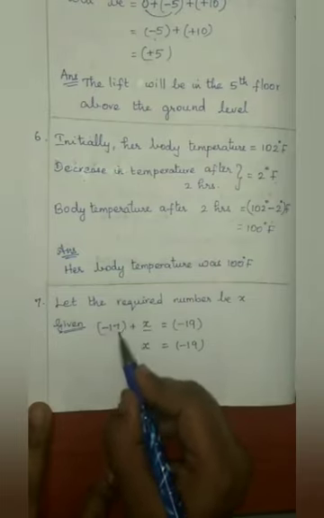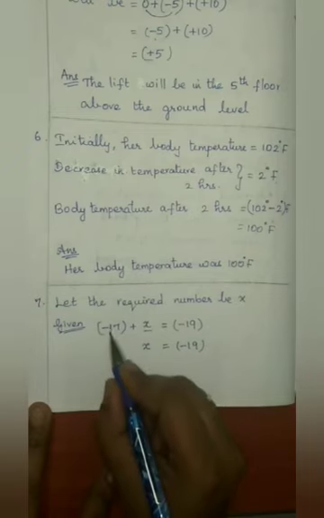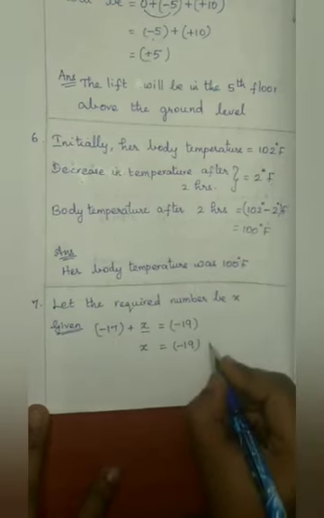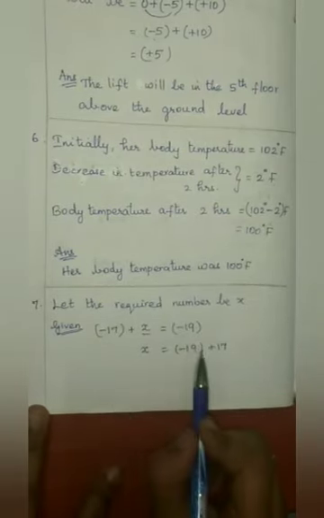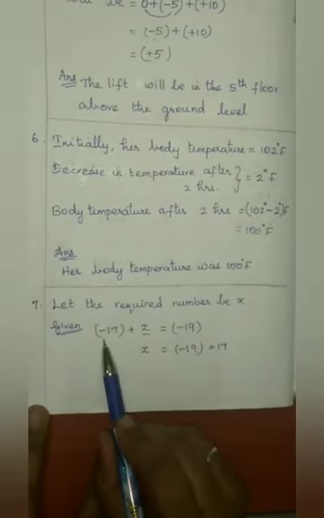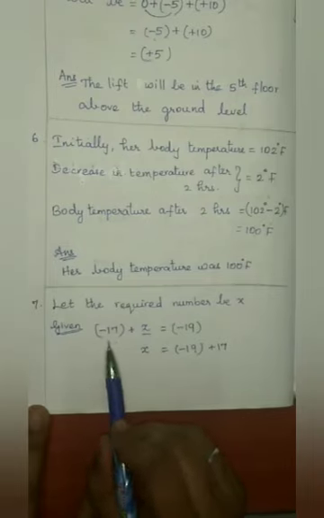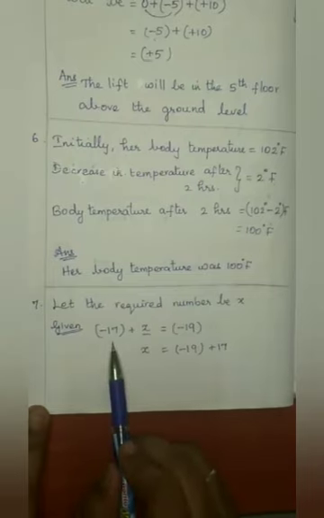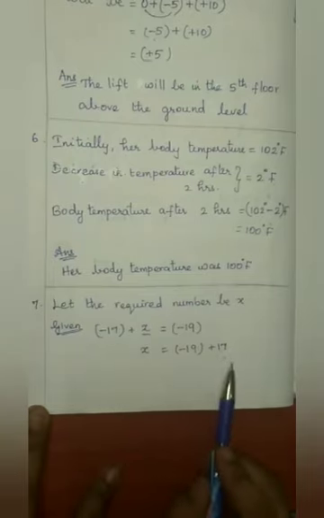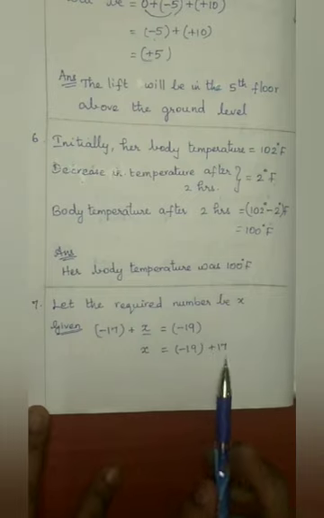Here we have a minus sign in front of 17, so when it comes to the other side, it becomes plus 17. When you take any integer to the other side, we have to change its sign. If it is plus 17, when you take it to the other side, it becomes minus 17. Here we have minus 17, so since we took this to the other side, it becomes plus 17.